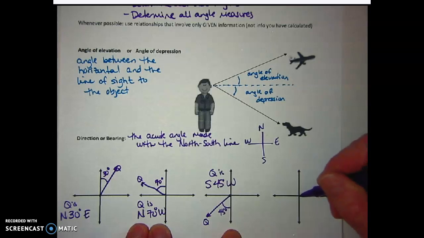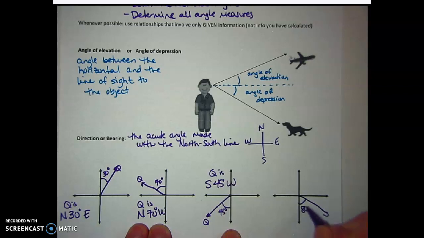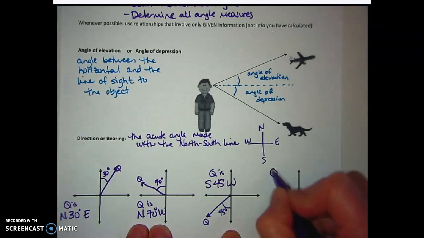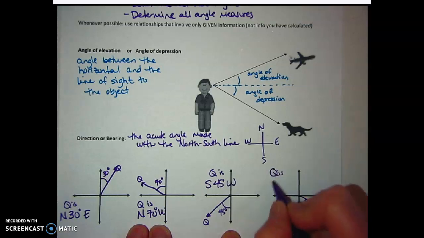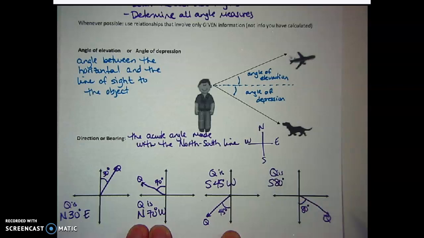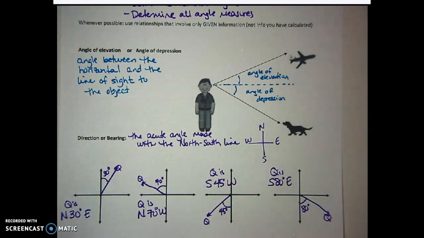And then finally, you can probably guess what this bearing is going to be. If this is 80 degrees off of my north-south line, that's my Q. Firstly, I'm going south, then I have to go 80 degrees to the east. So my bearing would be south 80 degrees east.